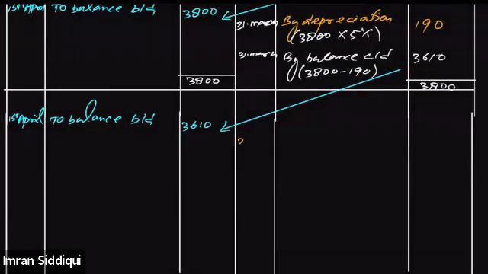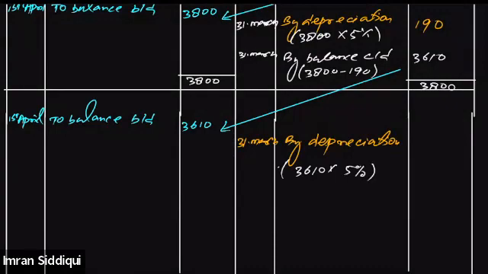So on 31st of March of the next year, that means at the end of the third year, we will be calculating depreciation at the written down value of the previous year. Depreciation will be calculated this time on 3610 into 5%, which is 180.5.